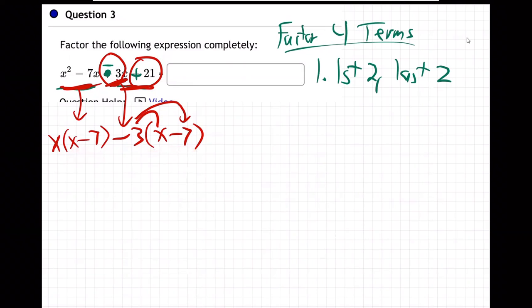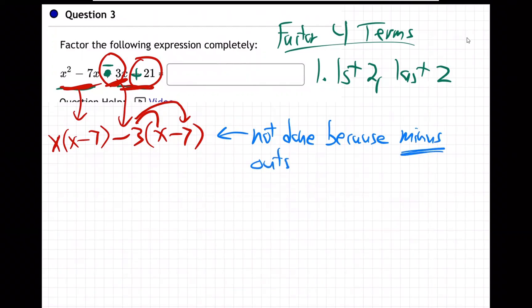So, and then how do you go from there? Well, we can't stop here. So I'll say we're not done because we have a minus sign outside of parentheses. So if you have a plus or minus outside of parentheses, you're not done.